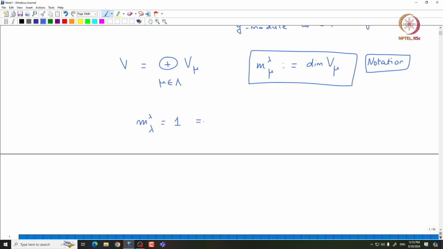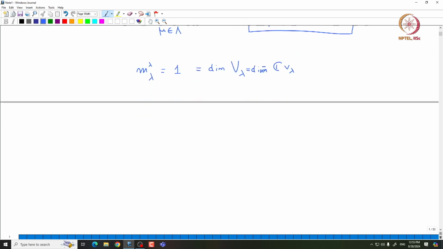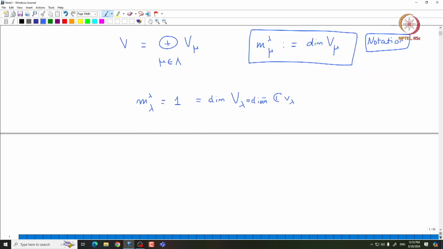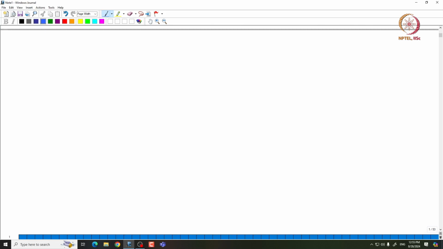This is the dimension of the space spanned by the highest weight vector V lambda. So, the highest weight space is one dimensional. Now with this notation, let us write down the formula.